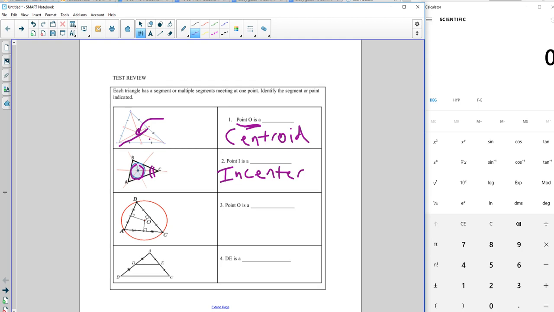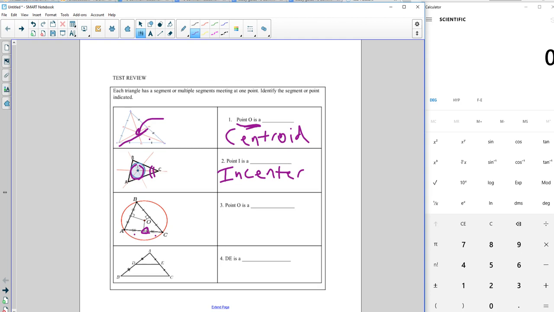The next point of concurrency is created by perpendicular bisectors. You see these lines here, they're perpendicular and they're in the middle of each side because these tick marks tell us that it's in the middle. So point O in this case is called a circumcenter.